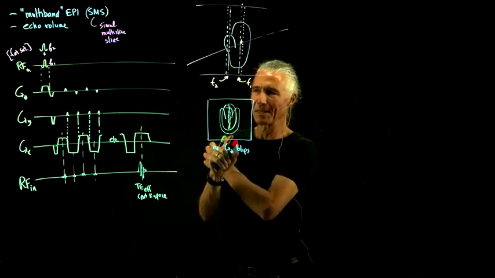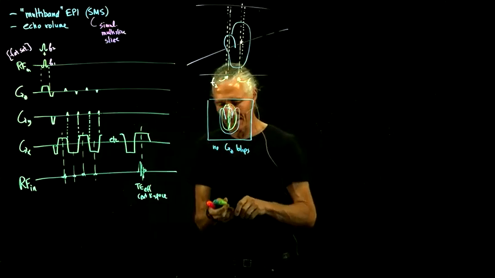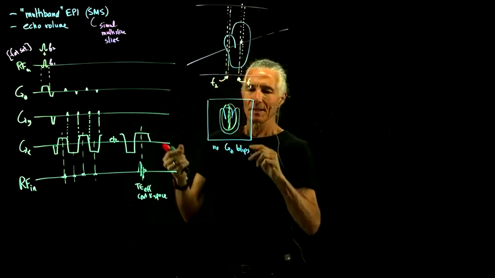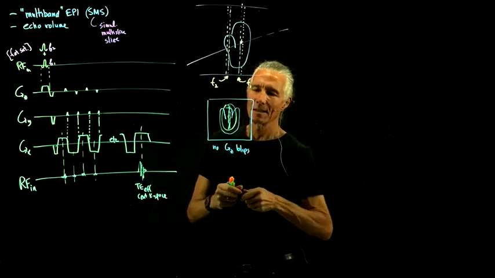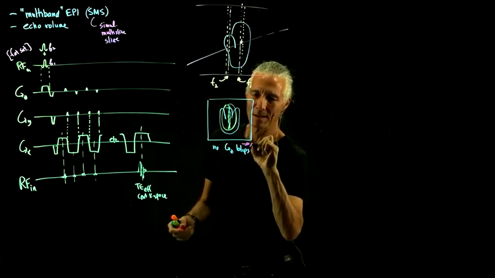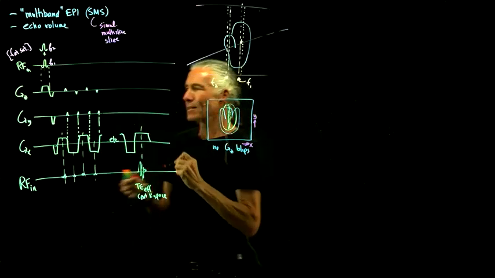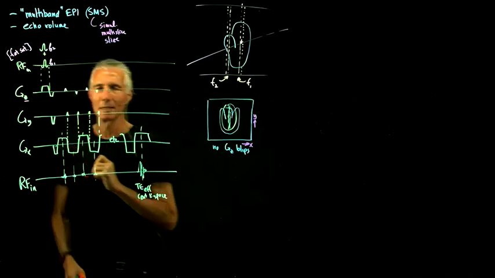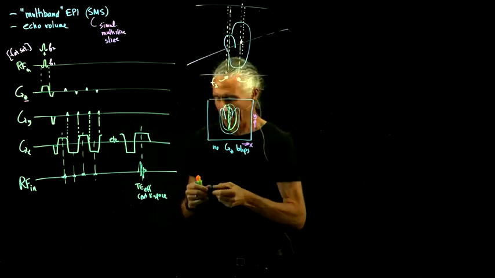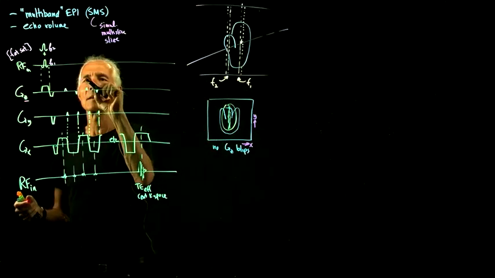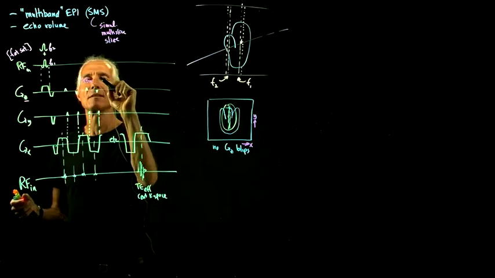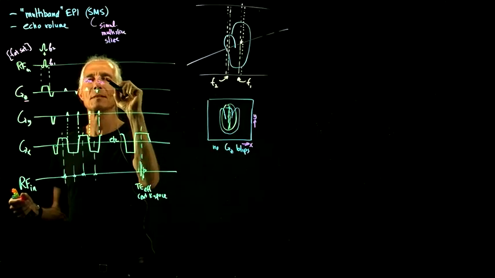Now, that's a little confusing. So let's say this is our x direction here, and this is the y direction. These are our z blips, extra GZ blips.